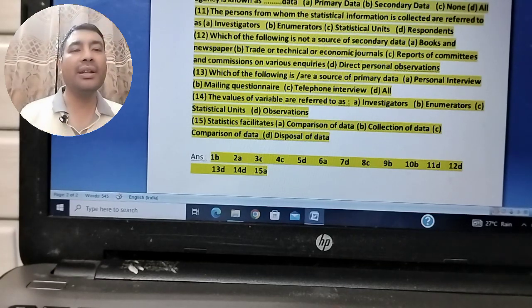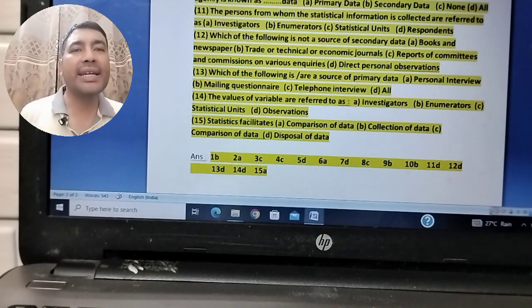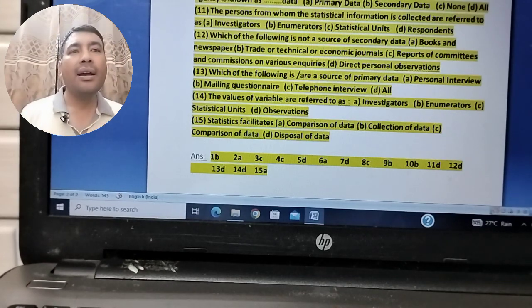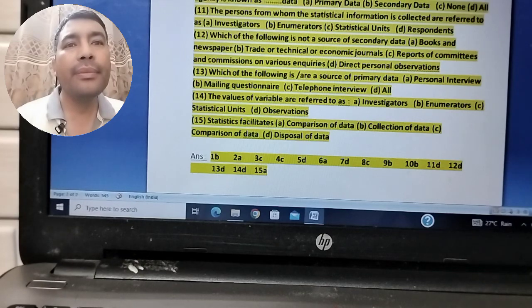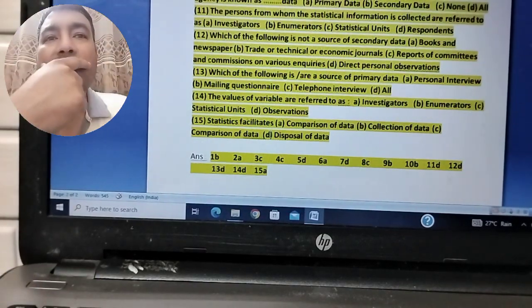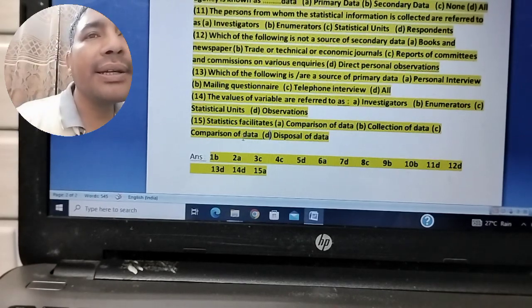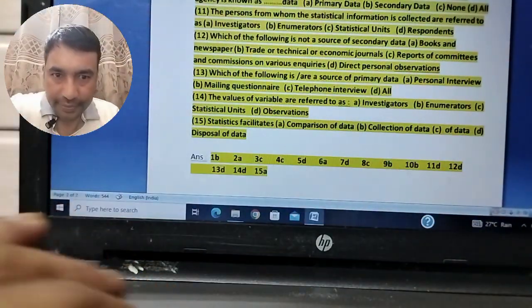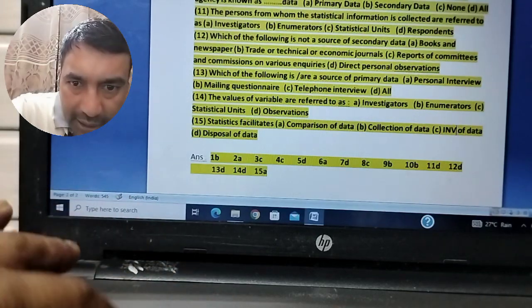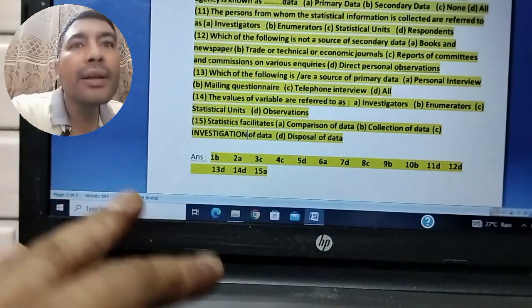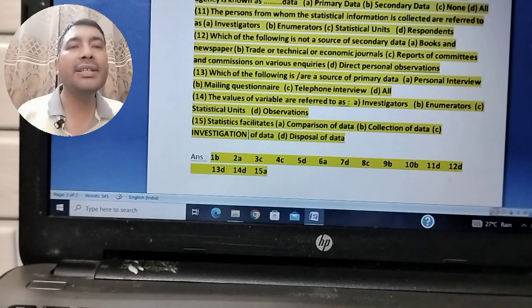And last but not the least, question number 15: statistics facilitates comparison of data, collection of data, investigation of data, or disposal of data.